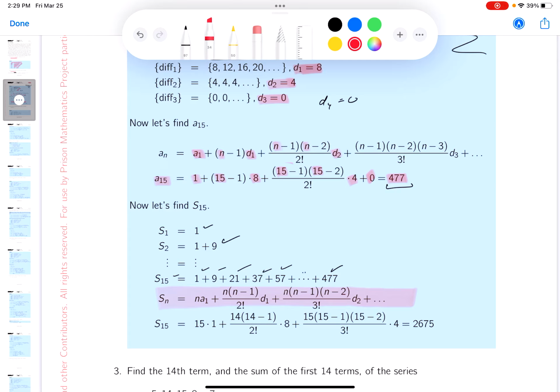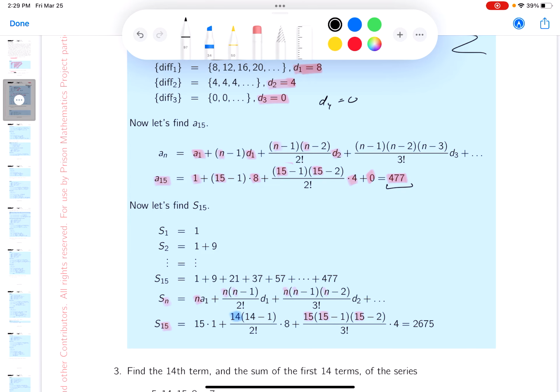What's n? Let me get my eraser out. N is 15. Let me show what I mean by that. N is 15. So wherever you see n, you're going to be putting down, wait a second. I think I made a mistake somewhere. I got to correct that in the notes. I just noticed it. But anyway, 15, 15, 15. Let me highlight this in blue for you. I got to change this.